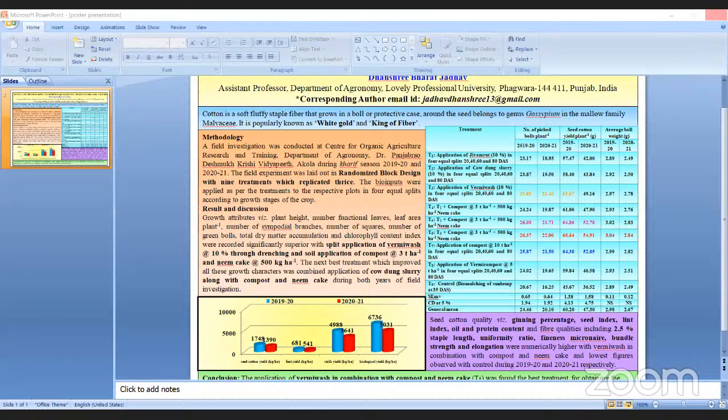Start with... You can start, ma'am. Yes, you can go for slide mode, presentation mode.